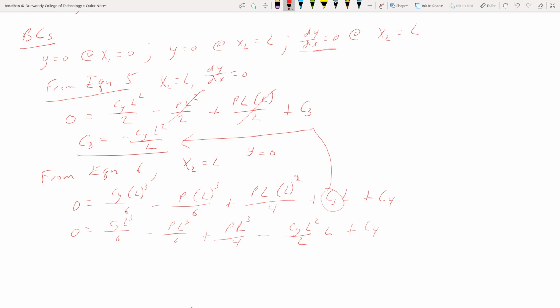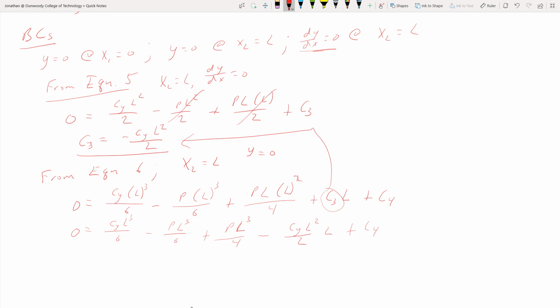This is a CyL cubed over 6. So as we carry that through, what did I miss here? CyL to the 4th. Yep, that's there. Good, good. Alright, I think I'm set.